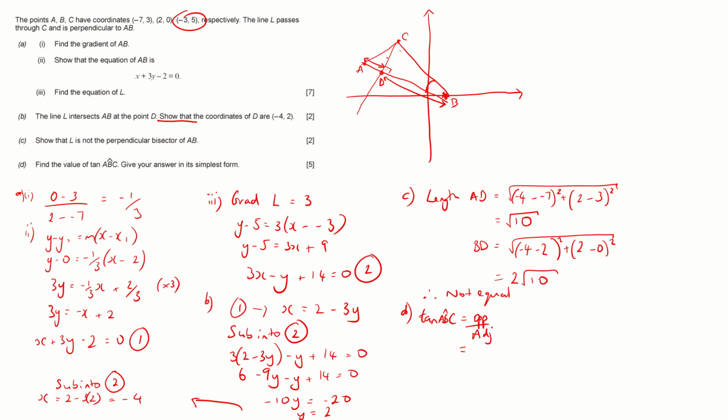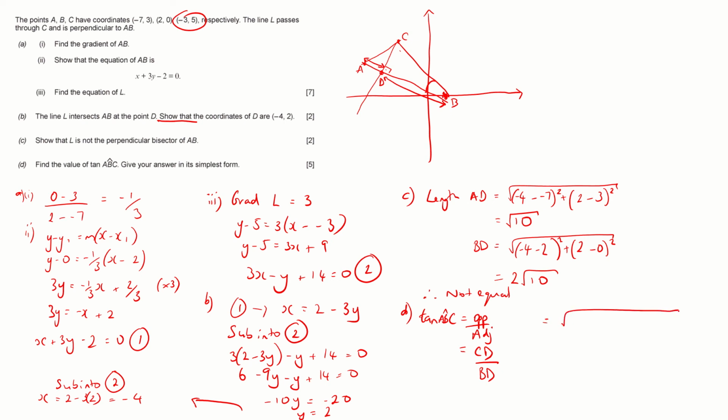Now, opposite is the side CD, and the adjacent is the side BD. So if I can work out the lengths of those two, I just put them in. CD and BD, which seems very straightforward to me. I'm now sort of wondering why it is so straightforward, and hopefully I haven't done anything wrong because it's the last part of the question. Anyway, let's work it out.